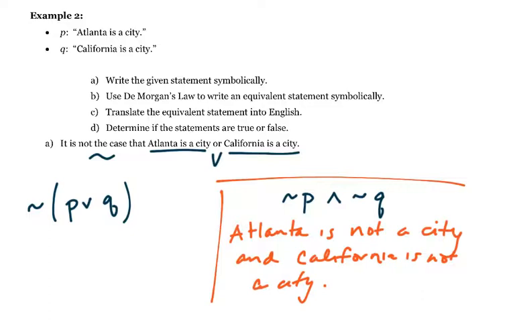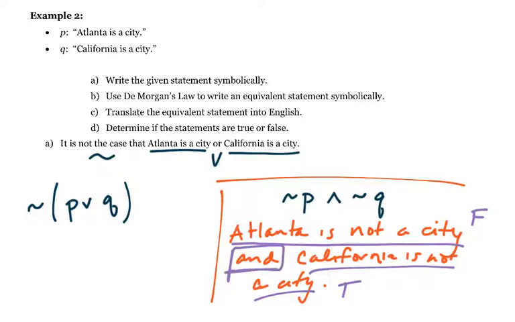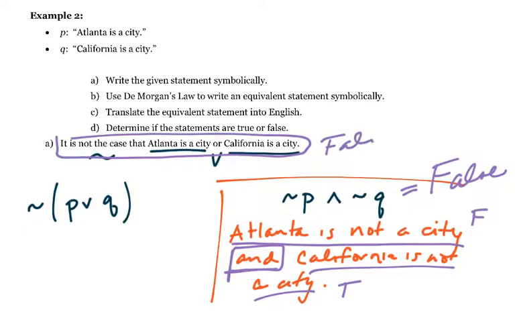Well, if we look at the equivalent statement, Atlanta is not a city and California is not a city. That's only true if both parts that I underline in purple are true. Well, Atlanta is not a city is false. California is not a city is true. It's a state. So therefore, because one of the parts of this conjunction is false and the other one is true, that makes this entire thing false. Because it's equivalent to this statement, we know that that statement is also false.